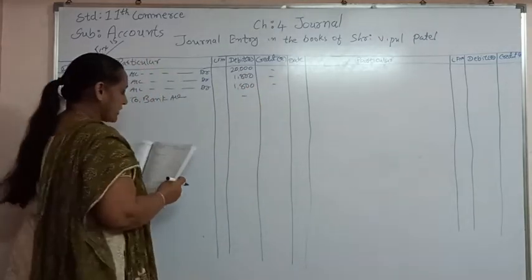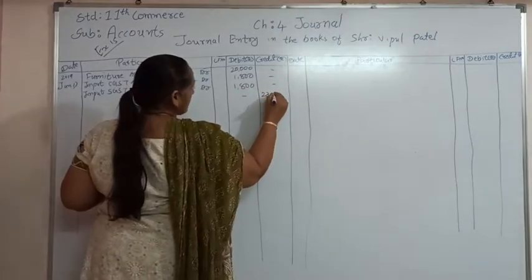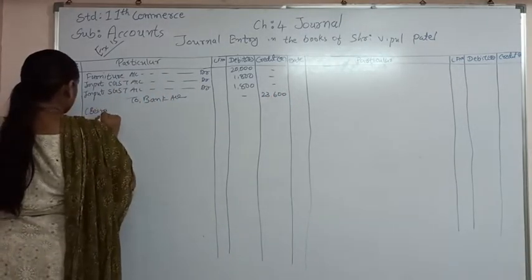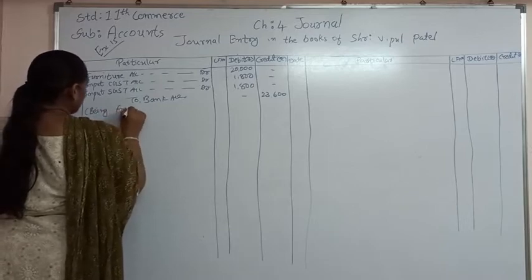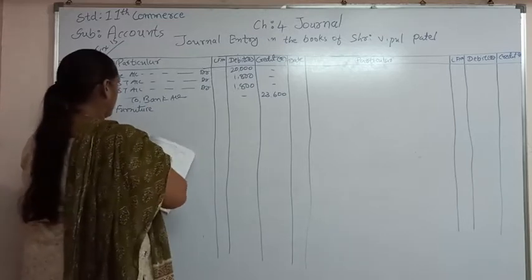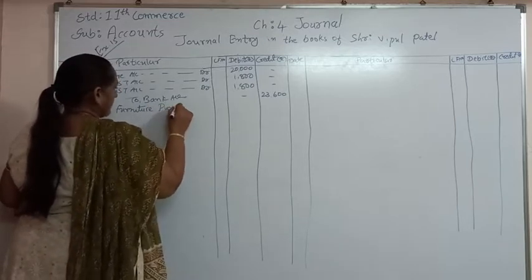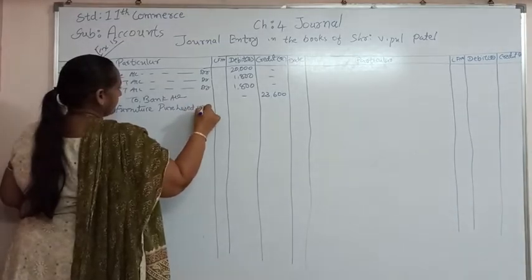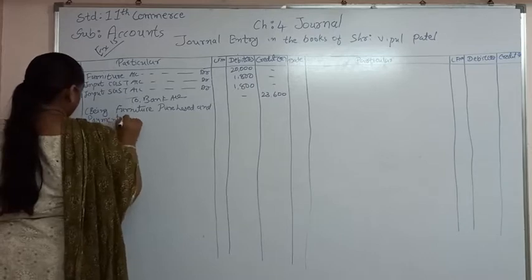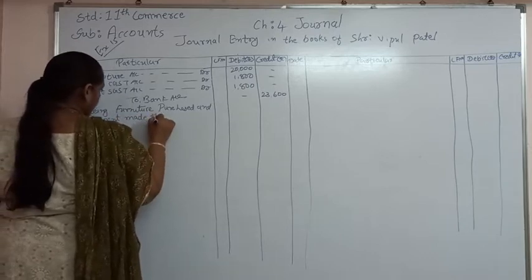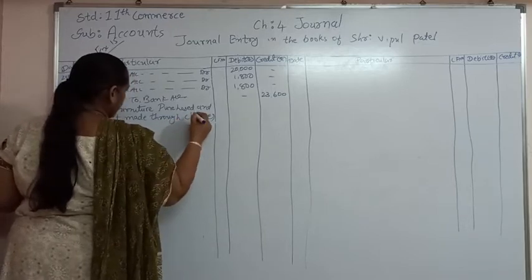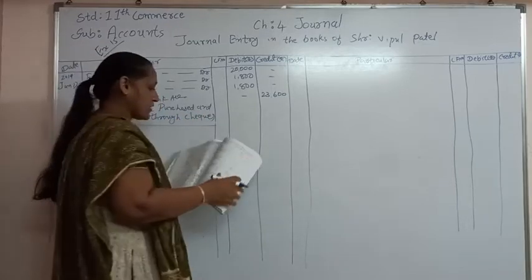So the total of this will be 23,600, being furniture purchased and payment made through check. So this was the first transaction.